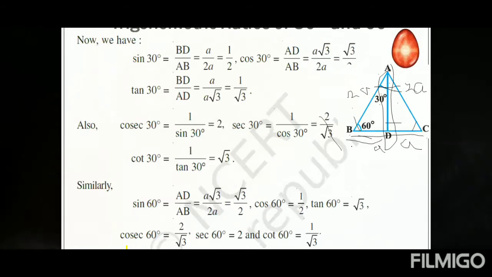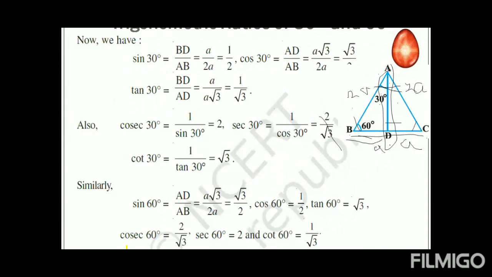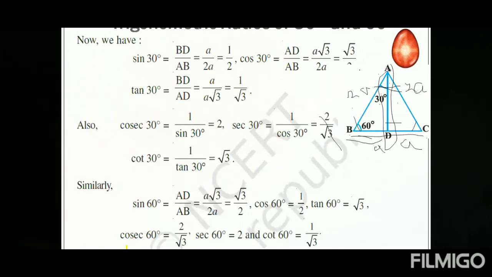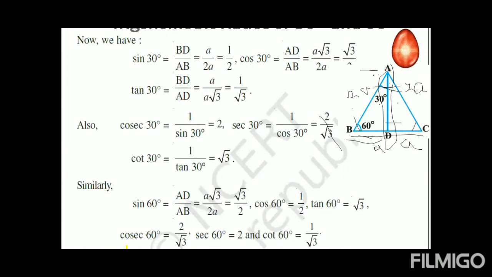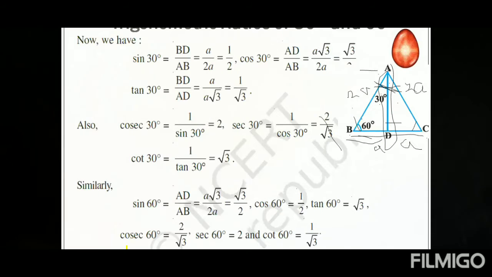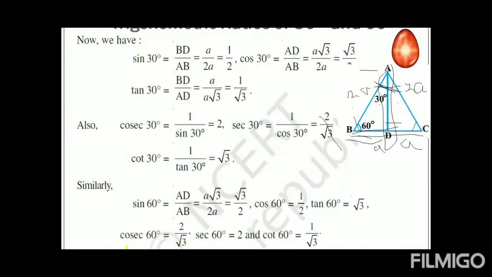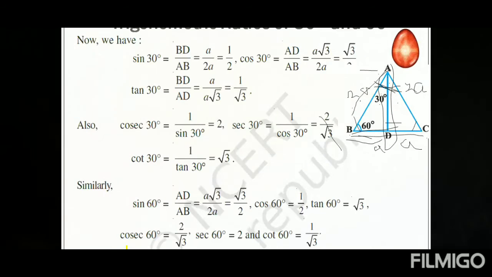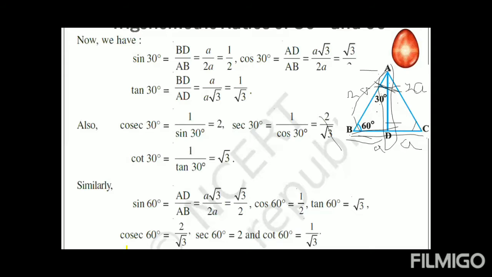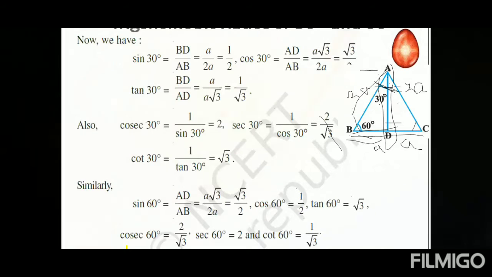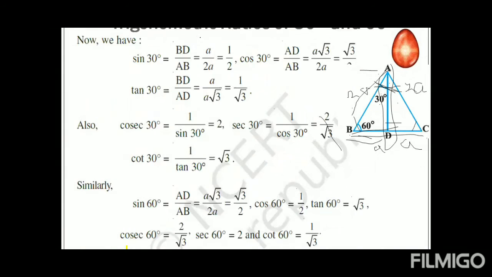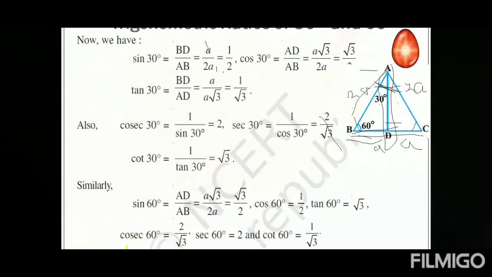So by using this, sine 30 from angle A is BD by AB. This is opposite by hypotenuse, so that is A by 2A. When A gets cancelled, it will be 1 by 2.